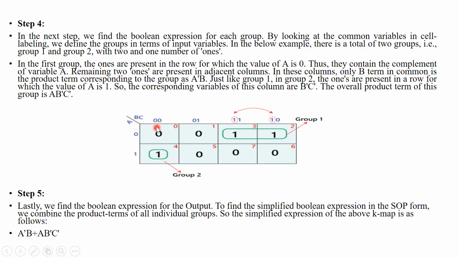So for 0 0, what I take is complement, so that is B dash C dash. So इस ग्रुप का आंसर क्या रहेगा, A B dash C dash, because it is not changing. So 1, so I will take A, जहाँ पे 0 0 है. This is 0 0 in the entire column and this is 1 in the entire row. Okay, so that's why it is A B dash C dash. So this individual group gives me the product term.